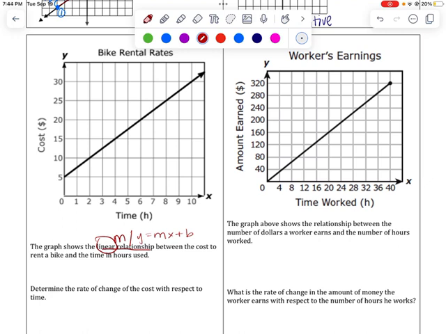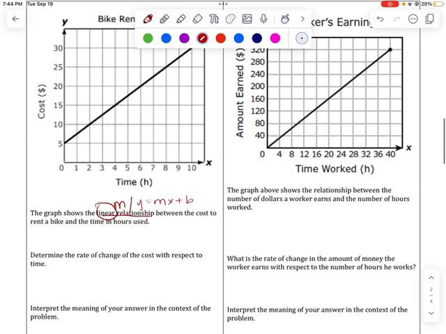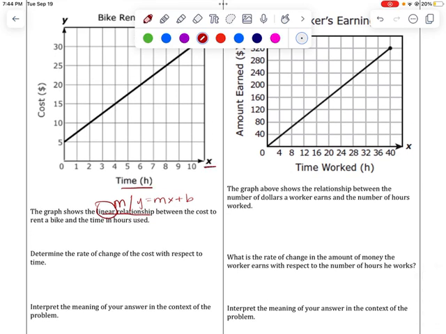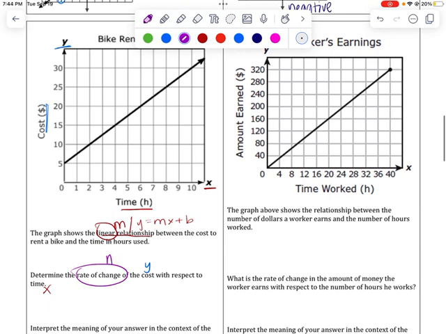Determine the rate of change of the cost with respect to time. Here my time is using x. So I'm determining the rate of change of cost, which is y. Cost is y, so it's still the same thing.